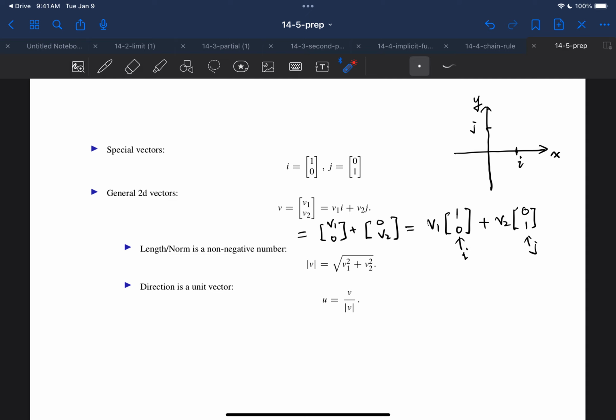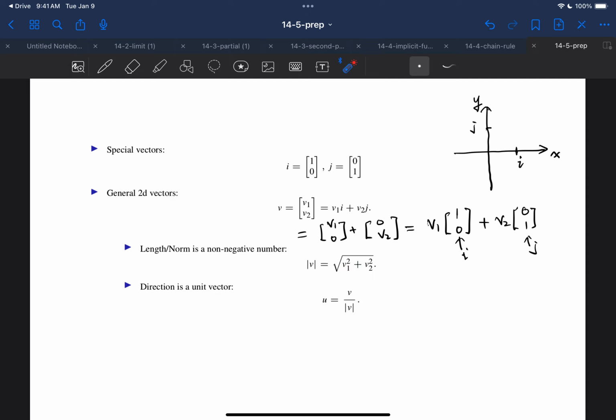Now the length of the vector is given by the Pythagorean theorem, which is the magnitude of v, or length of v, or norm of v. All those are the same concept, which is the square root of the sum of the squares of the two numbers.